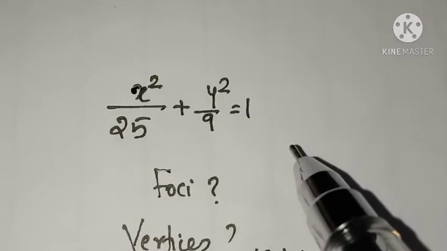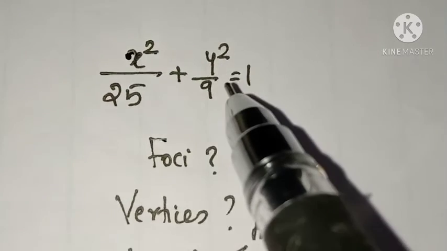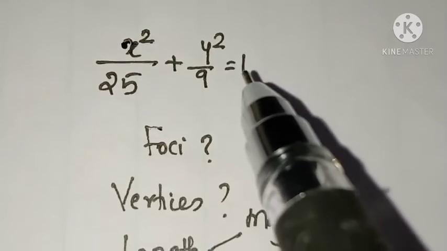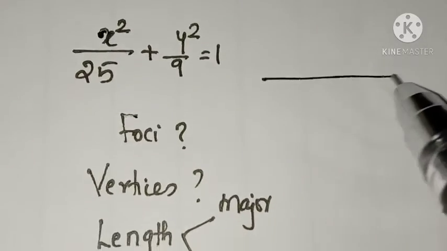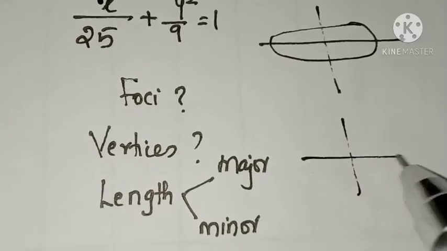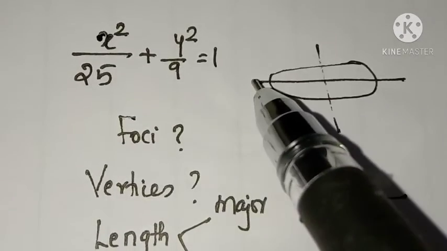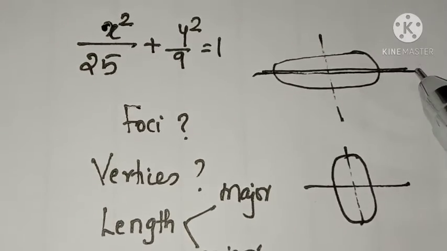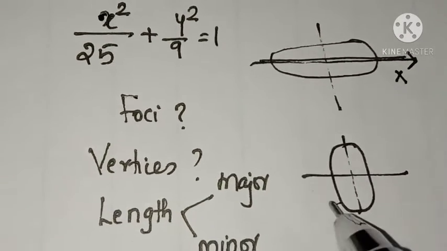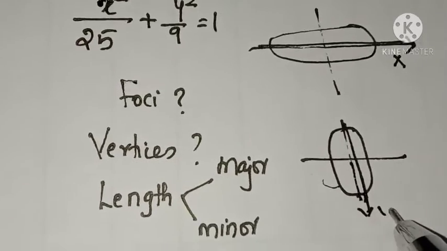So, first we want to identify whether this ellipse is a horizontal ellipse or a vertical ellipse. This is a horizontal ellipse and this is a vertical ellipse. In this case, the major axis is along the x-axis. Here, the major axis is along the y-axis.